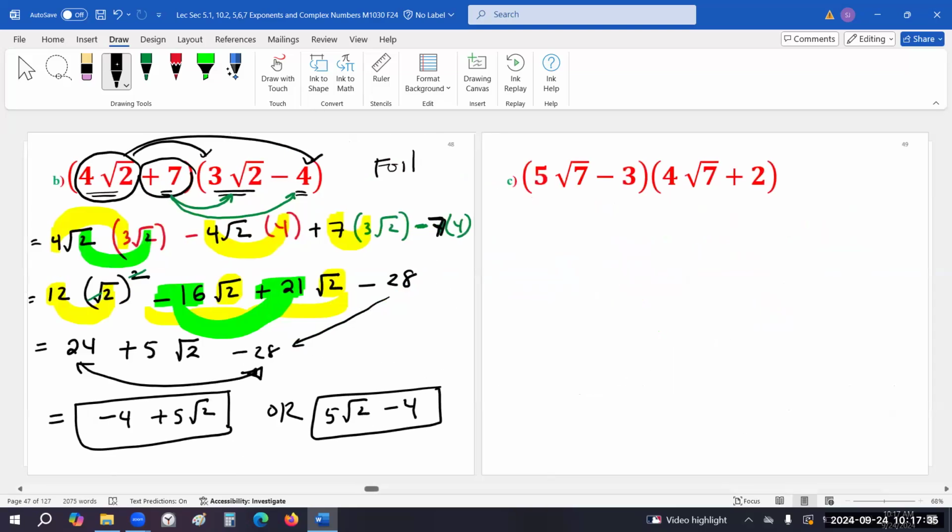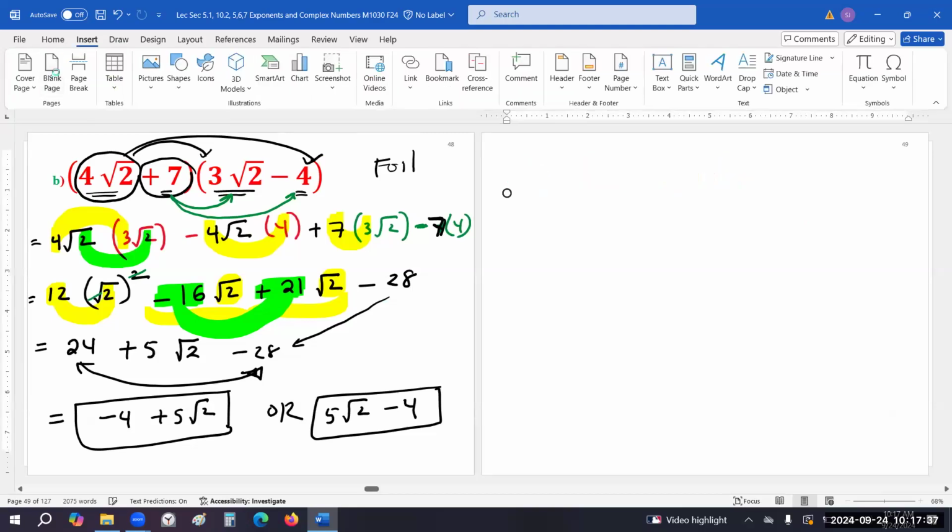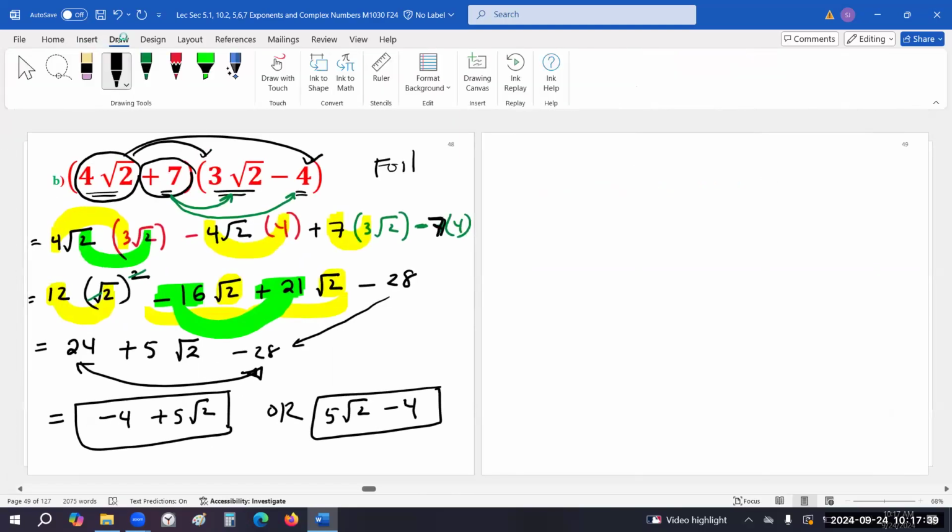So let me write down the rules that we applied here. Rules to multiply radicals.